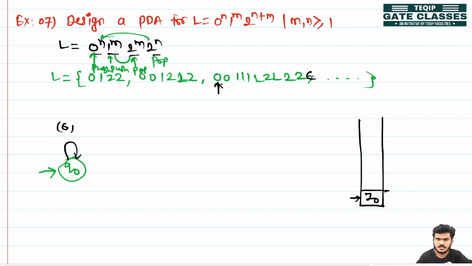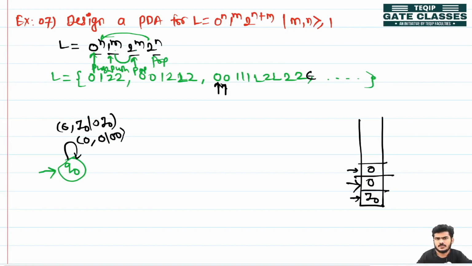So 0 is the input and top of the stack is Z naught. I will push that 0 into the stack, so it will become 0 Z naught, and I will update the top pointer. Similarly for the other zeros: 0 is there and top of the stack is 0, then I push 0 0. So the top pointer is updated.